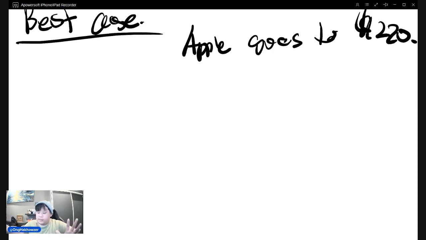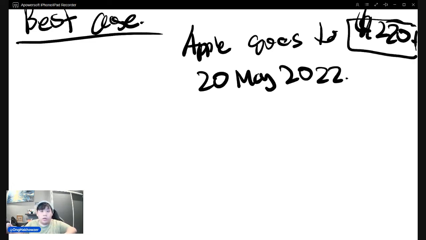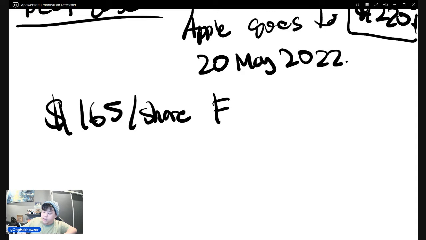Let's say by the 20th of May 2022, Apple is still at $220. What will happen is 165 per share is going to be executed.